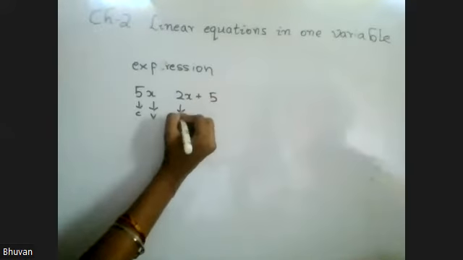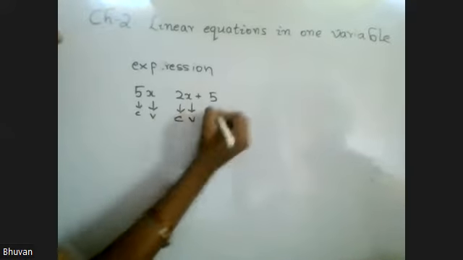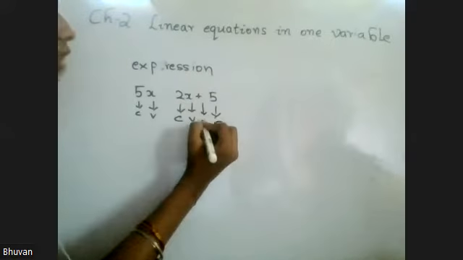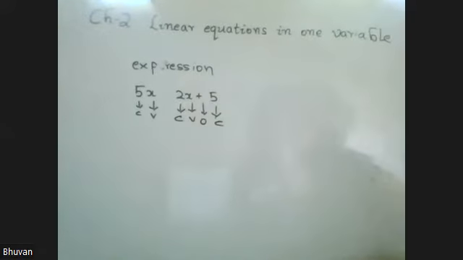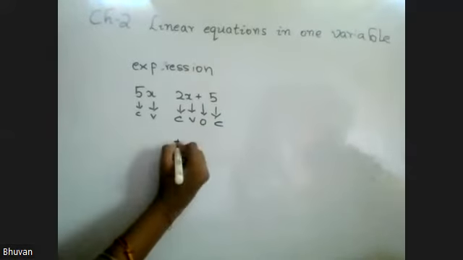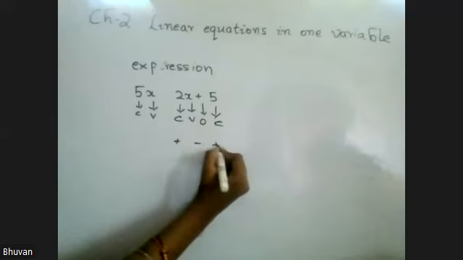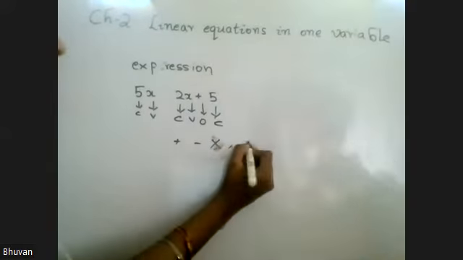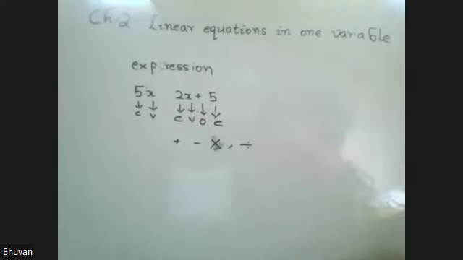Here again 5 is a constant. And what is this plus? Plus is an operator. So a valid combination of variables along with constants with the use of arithmetic operators such as plus, minus, into, divided by is called an expression.